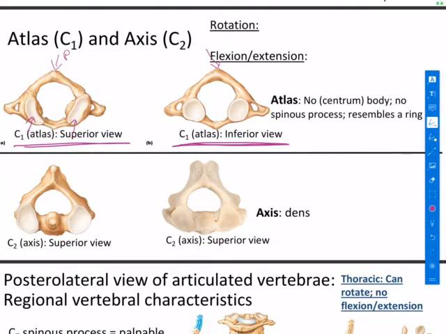Those are superior articular facets that are a part of the superior articular process. Notice that there are foramina here. Those are a characteristic of cervical vertebra. They're called a transverse foramen.